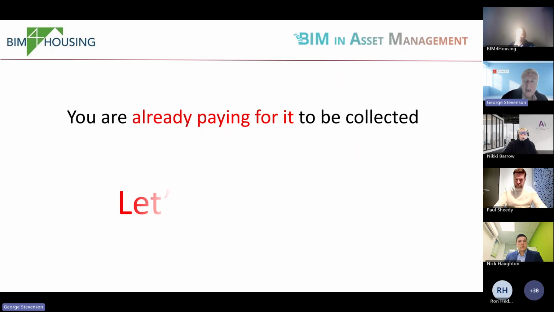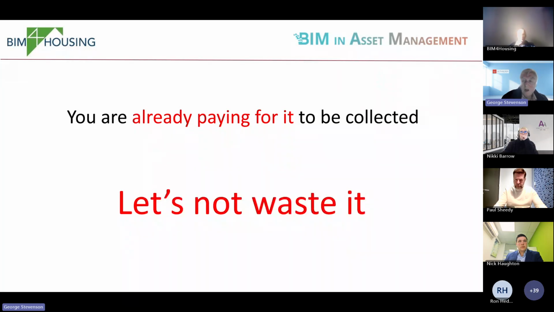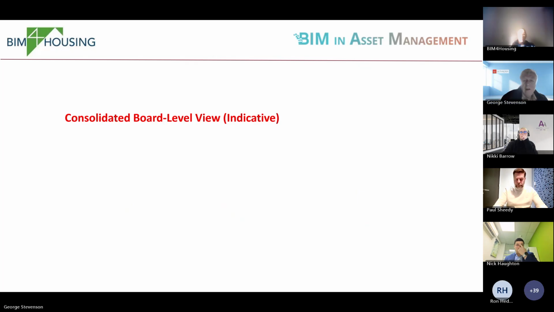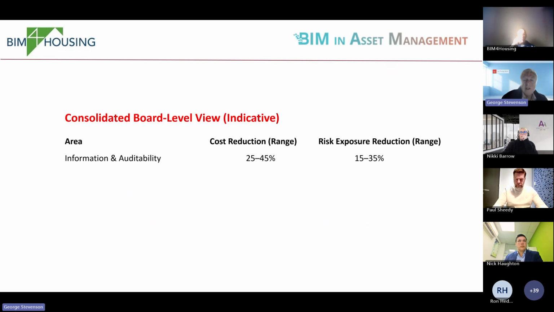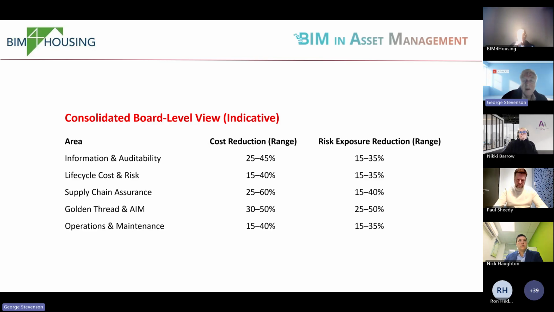If the information's already being collected, let's not waste it. Let's turn it into something that can be used and reused and kept up to date. And we've then looked at some ways of putting a cost against the value of having better information, and the impact on risk.